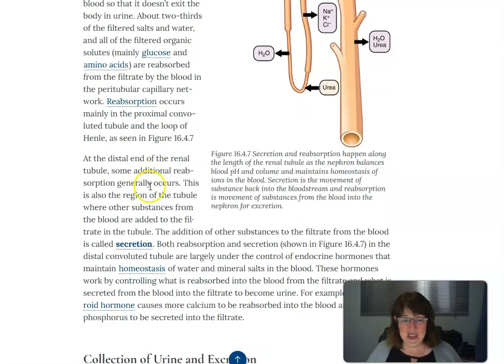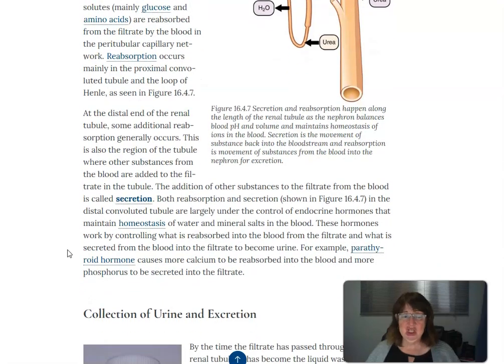At the distal tubule, there's something called secretion. Secretion is fine-tuning the blood and putting things back into the filtrate. That is done using pumping again, and it could also be under the control of hormones, in case you need to control the amount of water or the amount of calcium.